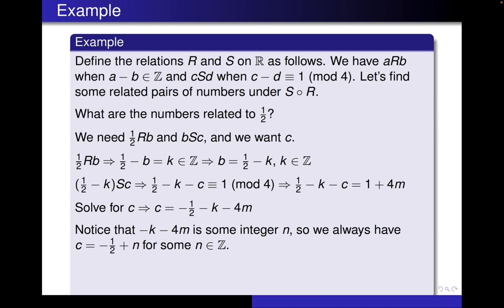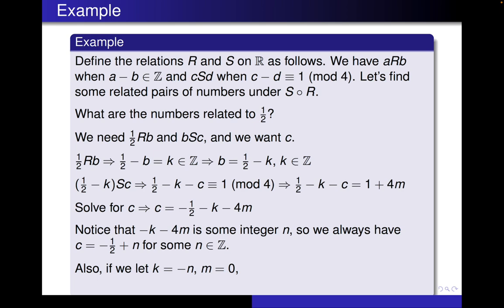Now I said it could be any integer. Could it literally be any integer? If n was some random integer that we just chose out of the blue, do we know that we could somehow write it as negative K minus 4M for some integers K and M? It turns out we can if we're clever enough. So n is some integer. If we let K be negative n and we let M equal 0, then negative K minus 4M is literally going to equal n.